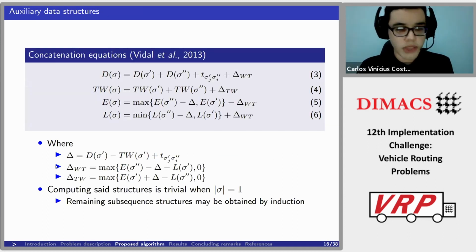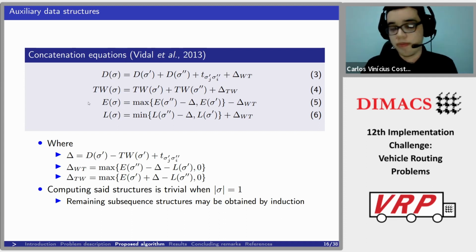Of course, those moves are trivial to evaluate in terms of capacity constraints and distance, but not in terms of time window violations. The way we do that is we use the subsequence structures proposed by Vidal et al.